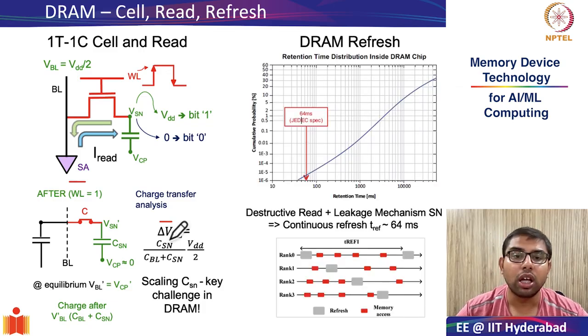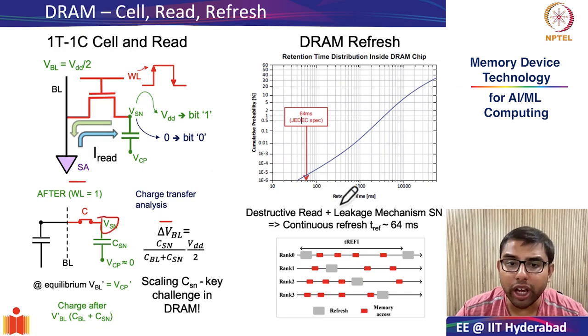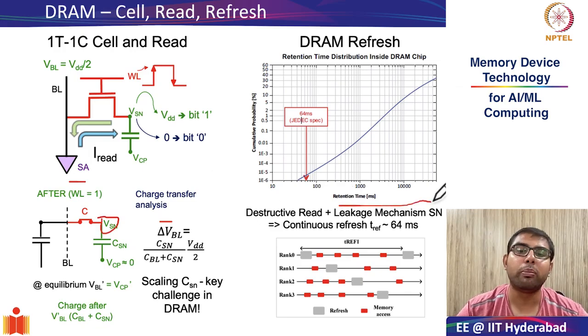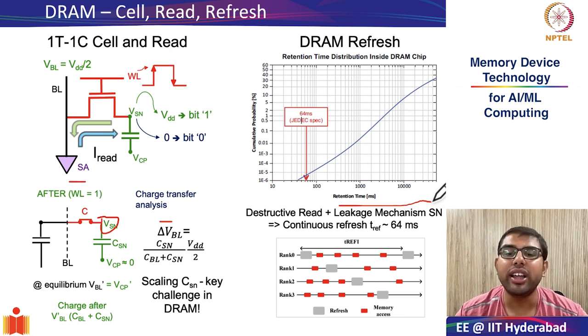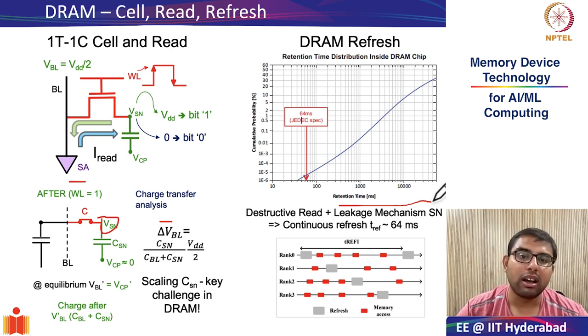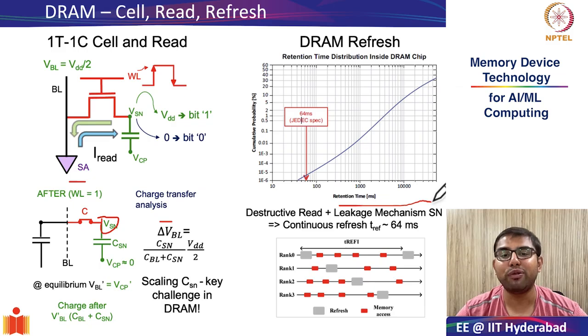Also, we saw that in addition to this destructive read, and even during hold, the several leakage mechanisms from the storage node, there is a need for continuously refreshing the data. How do you figure out what should be the refresh rate?